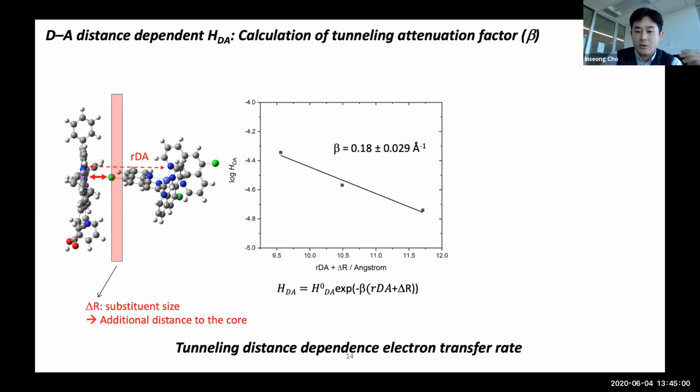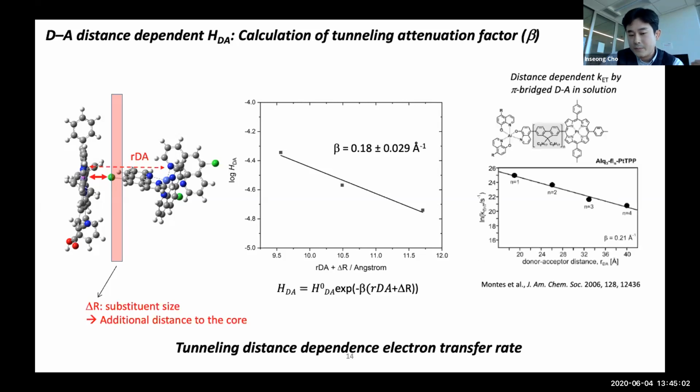So we did some literature search to see whether our value is reasonable, and found that donor-acceptor systems bridged by a pi-conjugated bridge show almost the same trend as our results, and that is actually in solution.